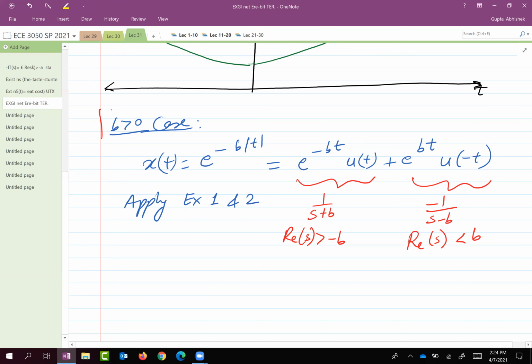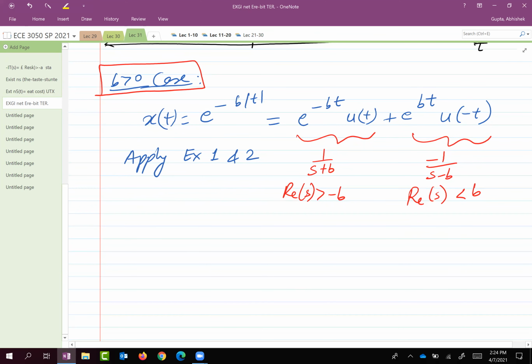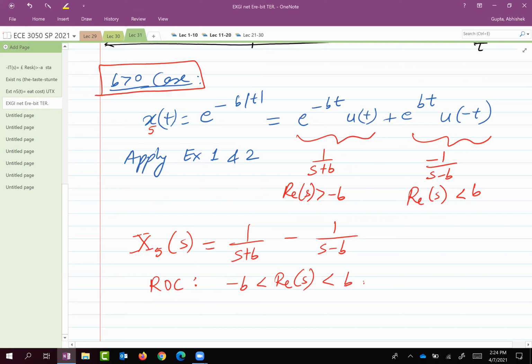And b is positive in this case. So overall, the Laplace transform in this case, x5 of s, is given by 1 over s plus b minus 1 over s minus b. And what is the region of convergence? This is negative b less than real part of s less than b.